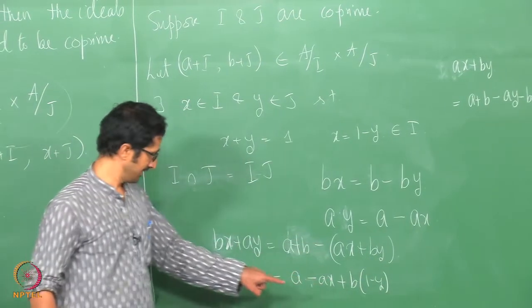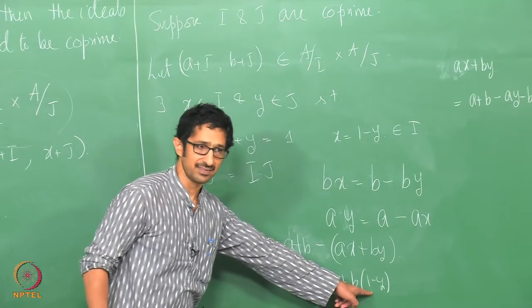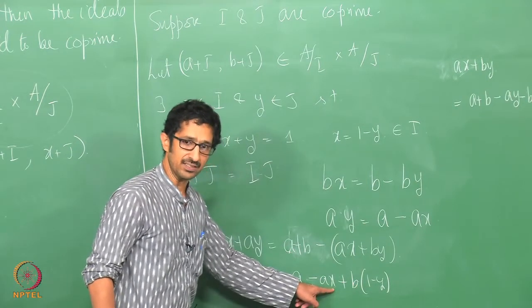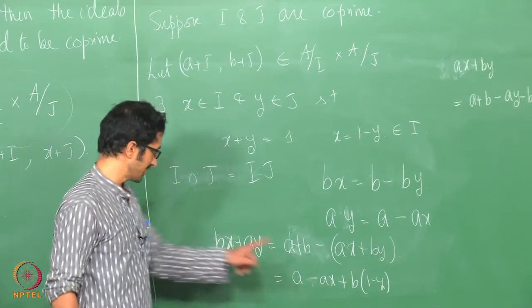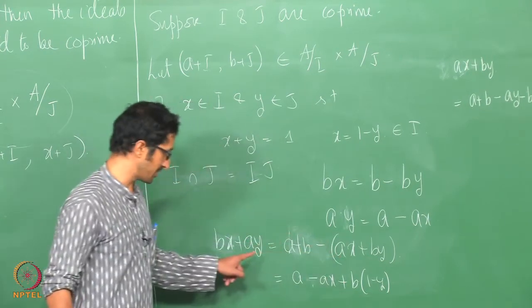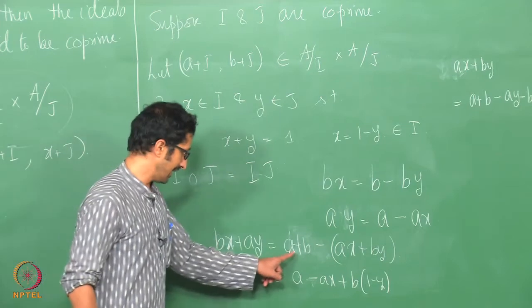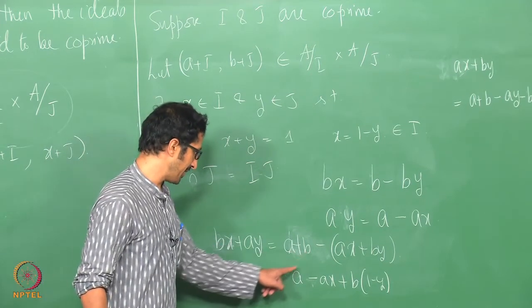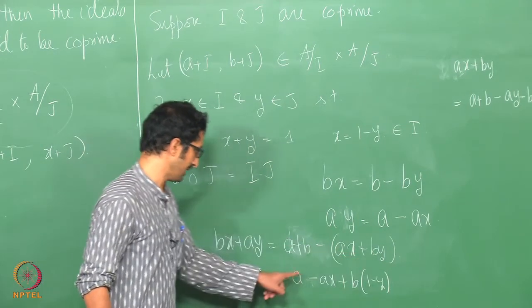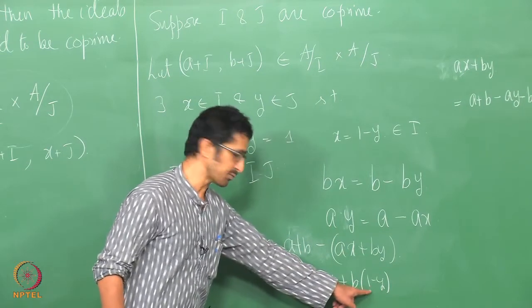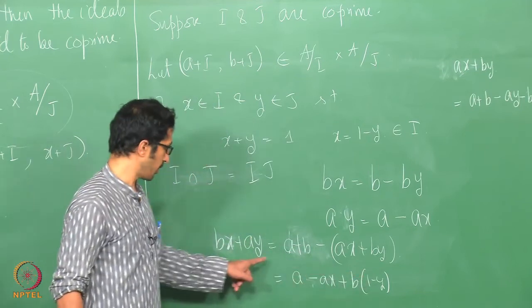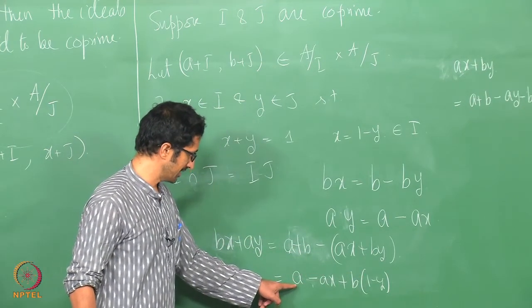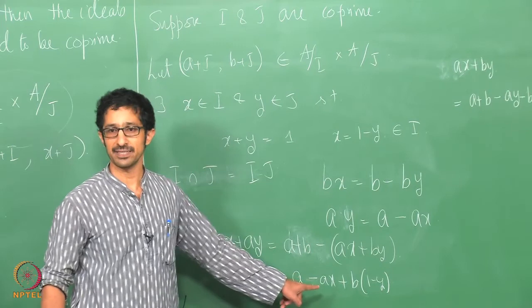Modulo I, see this is in I, this is in I. So, modulo I it would be a. Similarly, modulo J, I can write this as b minus by plus a times 1 minus x. So, modulo J it will be b.